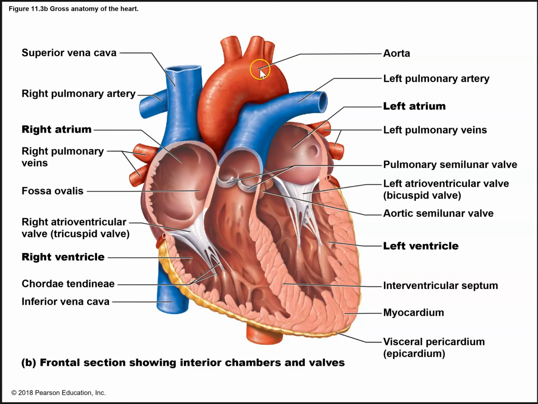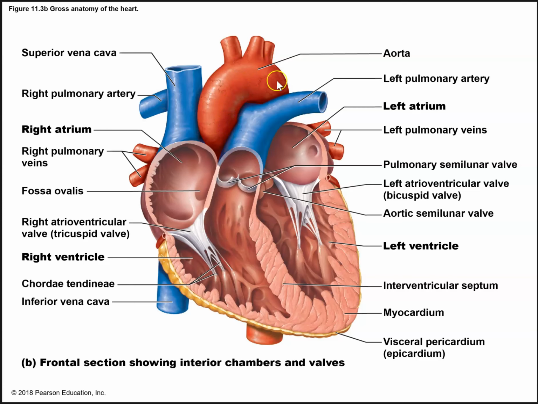So this aorta over here carries oxygenated blood to different parts of the body. So we call it a systemic circuit. Now, if you remember, we talked about red blood vessels and blue blood vessels. Let's give them a name. The red blood vessels will be called arteries.